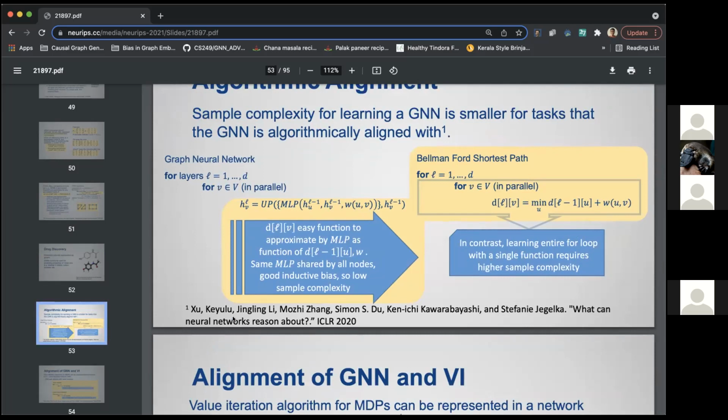Okay, and then this slide says that if the aggregation function is MLP, then it will have the capability to recover shortest path. Otherwise, for example, if we just use simple aggregation like average or summation, then we are not able to do that. Mm-hmm. Yeah. Okay, then can you explain a little bit about the low sample complexity and high sample complexity?